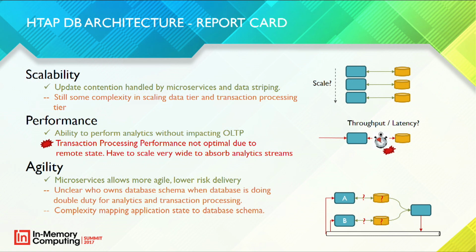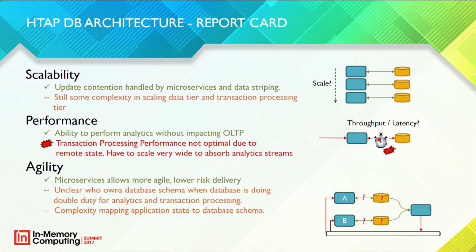And the architectures we looked at so far have one glaring problem: when we're ingesting big messaging streams into the transaction processing tier and trying to update that state in the data tier, in the HTAP database, that remote state callout is a hard limit on the throughput that we can sustain for transactions when we have to stream data in order.